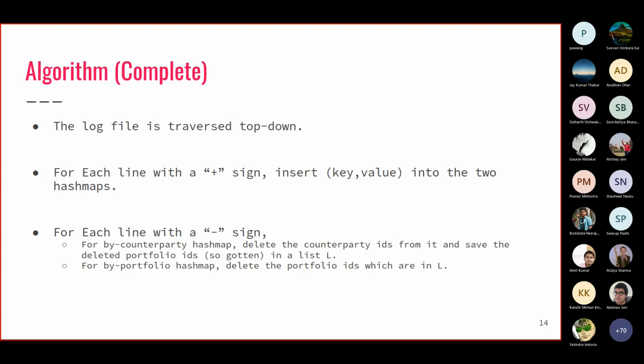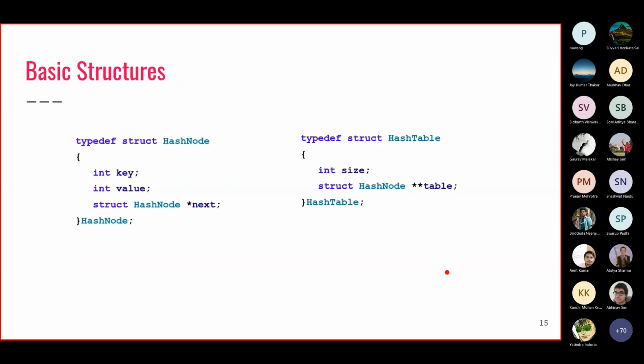So the solution is that whenever we are deleting from the counterparty hash map, we just store all the portfolios in a list, and then finally, when we're traversing the portfolio hash map, we are deleting all those IDs which are in the list. Now the basic structure could be like this. Here we need two structures.